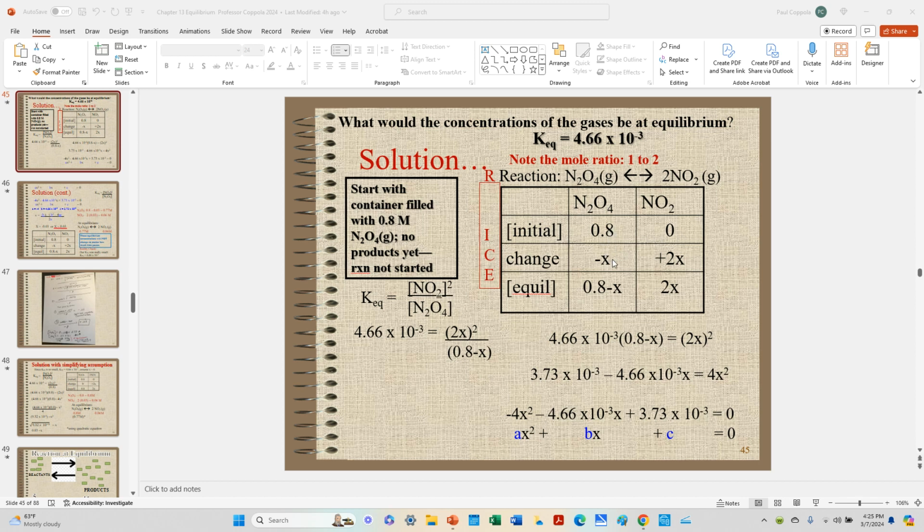Then a certain amount of this gets used up. But because the ratio is 1 to 2, that means twice the amount of X is formed. So we add these up, and we get 0.8 minus x, and we get 2x there. And so then we substitute in these expressions, (2x)^2 over 0.8 minus x equals that.